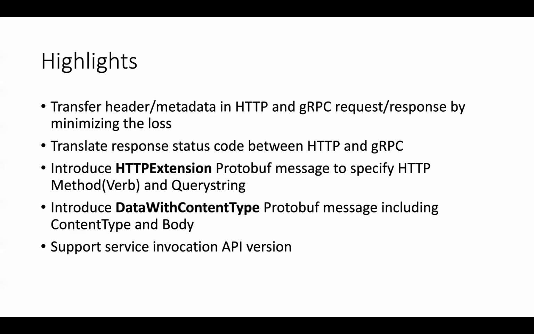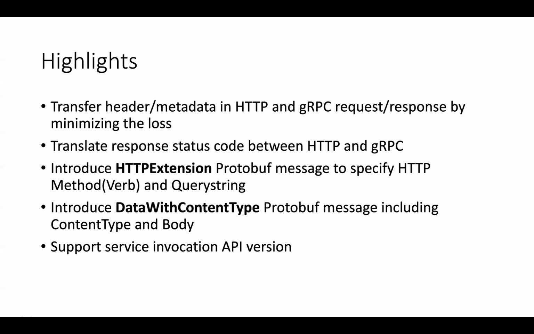With the gRPC API, the next protobuf message is the data with content type message, which allows you to set the content type and body when you call the HTTP application with the gRPC API. In the previous implementation, we always assumed that the content type is application JSON.